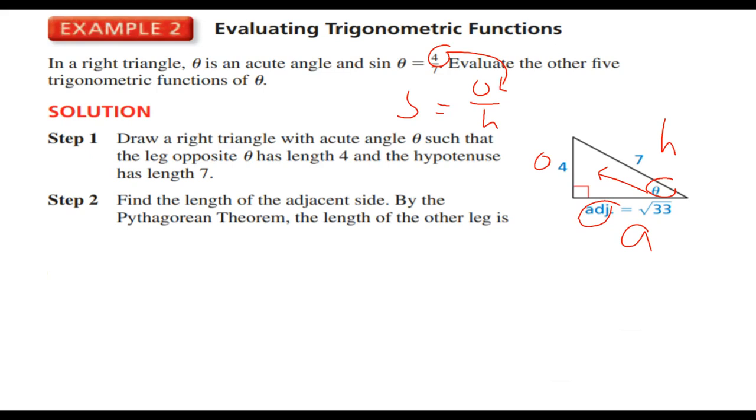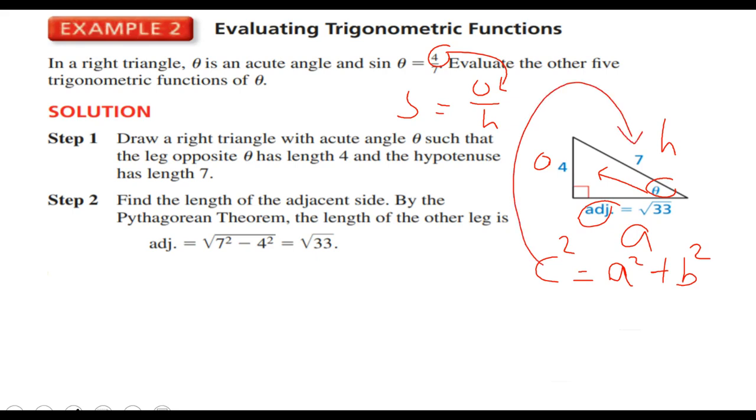Next is we need to find the length of the adjacent side by using Pythagorean theorem. Remember, Pythagorean theorem is c squared is equal to a squared plus b squared. So in this case, your c will always be your hypotenuse, okay?